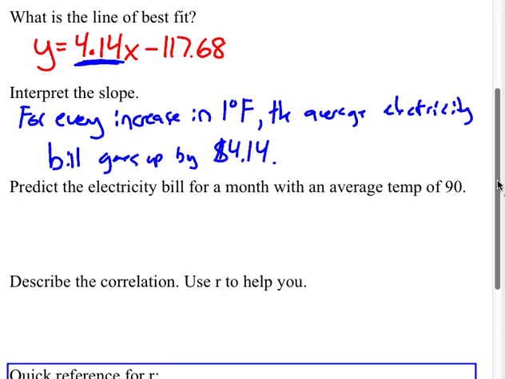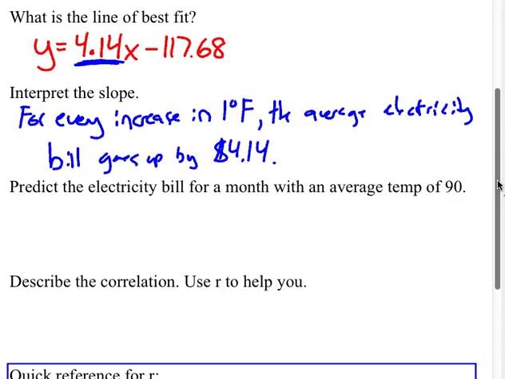Basically it's that whole rise over run effect. For every increase of 1x, it tells you how much your y is increasing by. In this case, y is your electricity bill. For every one of these, we are going to be interpreting that slope. What is it telling us about our situation? So here, every increase in temperature will make our electricity bill go up by 414.